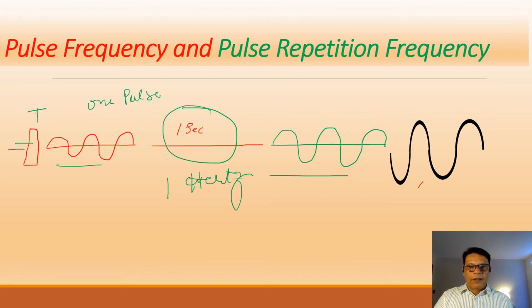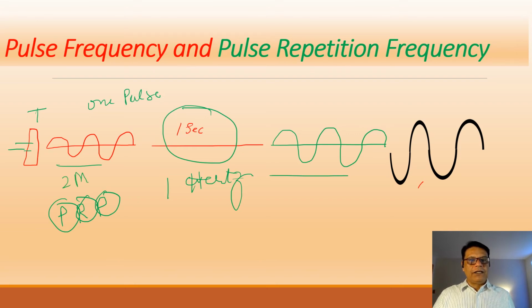And most of the time you will encounter this term pulse repetition frequency, and it is represented by PRF. It describes how often a transducer repeats its pulses and how many pulses it repeats. For example, it repeats 2 million pulses in 1 second.